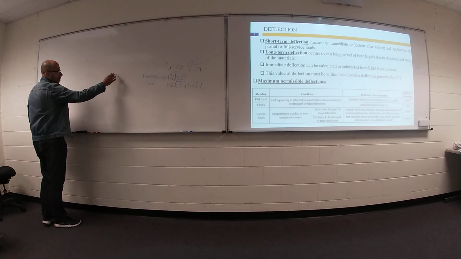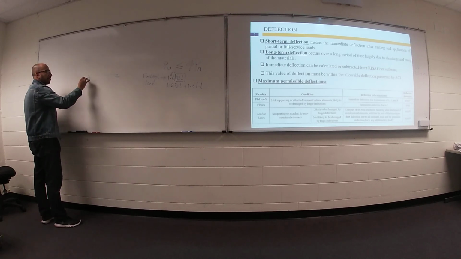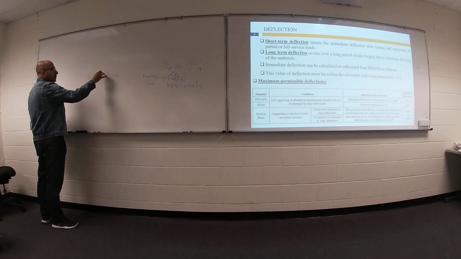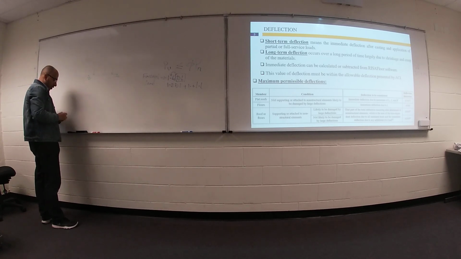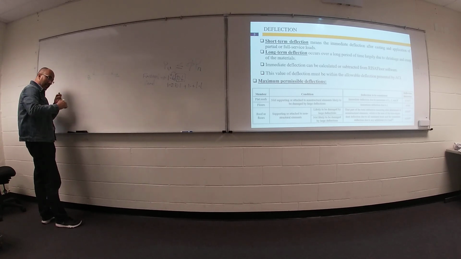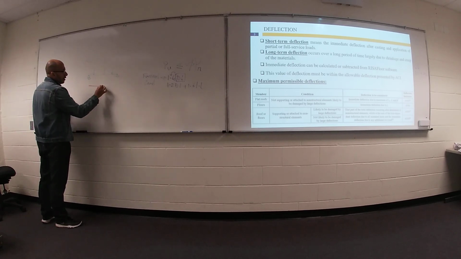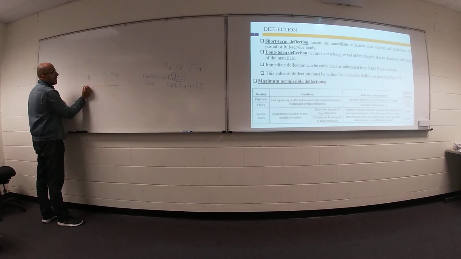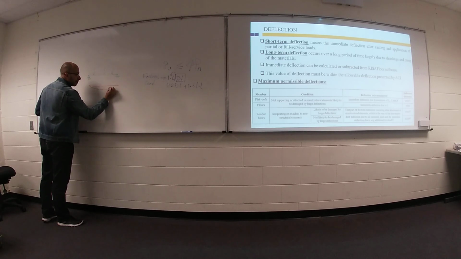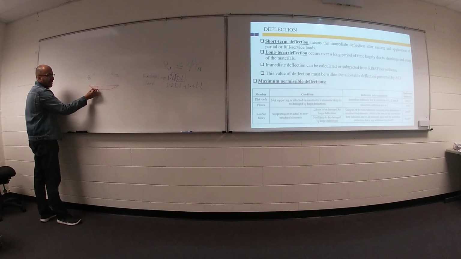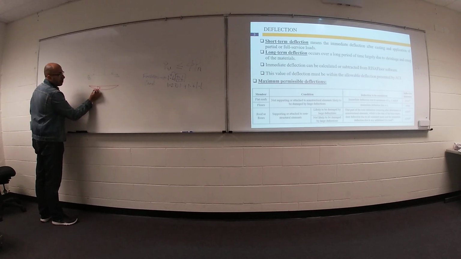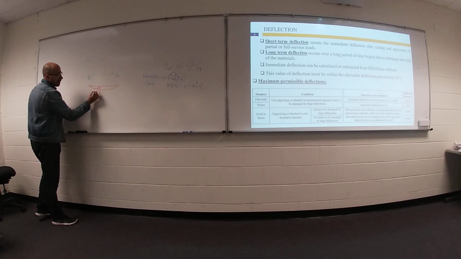You have a beam. From a structural analysis, using double integration or virtual work, your beam will deflect by a value equal to y, and you have slope rotation equal to theta.